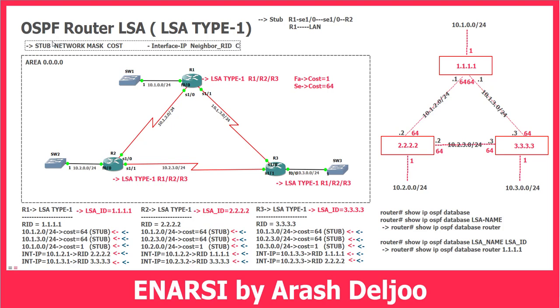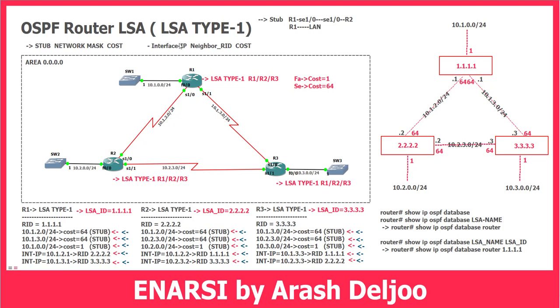But let me say that in the next video, on LSA type 2, you will see that in LSA type 1, in some cases, we have other information. But here, in the LSA type 1, we have seen this type of information. Look at here: a stub network, then mask, then cost, and then interface IP, and after that, neighbor router ID, and also the cost.